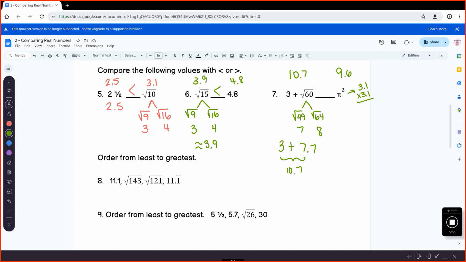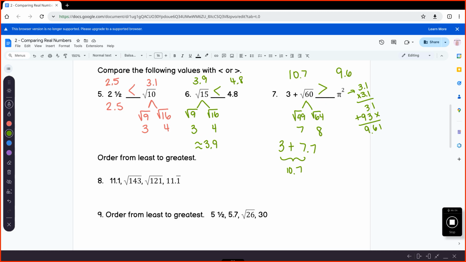And then 1 times 1 is 1, 1 times 3 is 3. And then same thing, 3 times 1 is 3, 3 times 3 is 9. And we got 9.61, so I'm approximating it to be 9.6. And now we're comparing 10.7 and 9.6. 10.7 is in fact greater than 9.6.